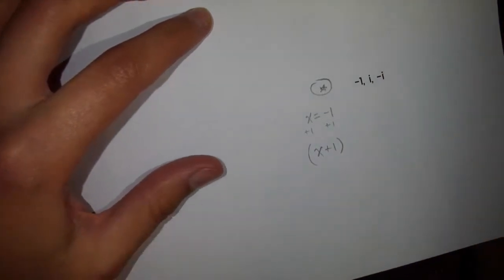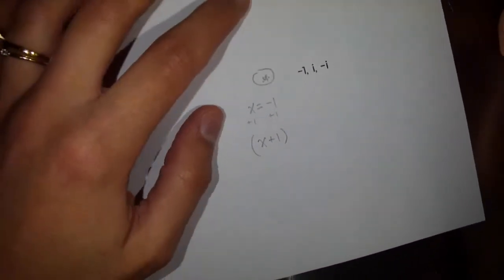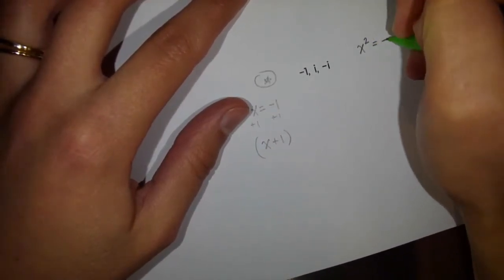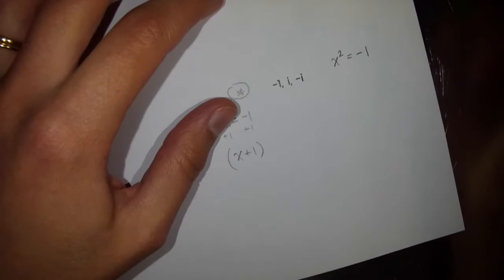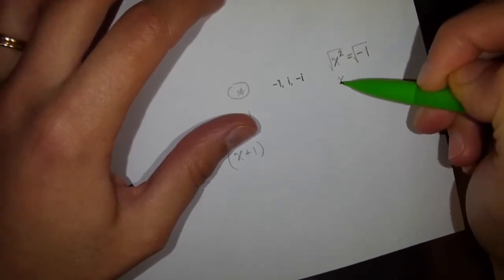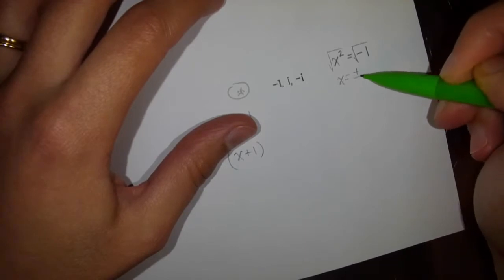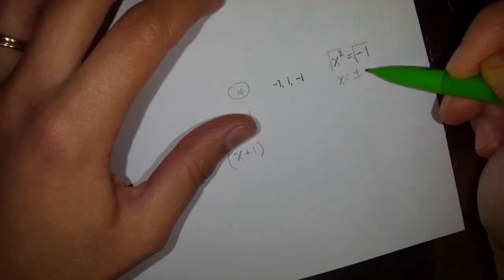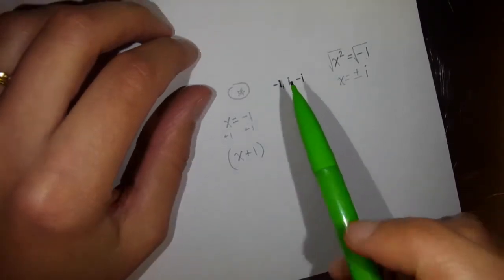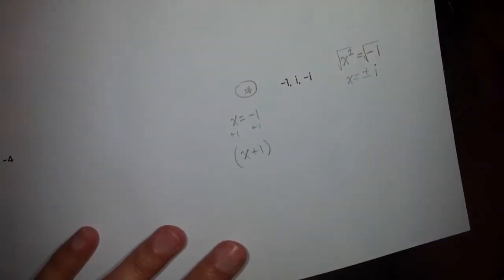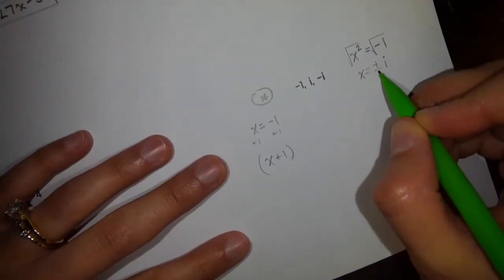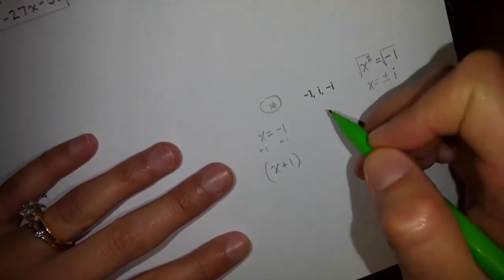How about this i? If you think about it, when we have x squared equal to a negative number and we solve with the square root, we would have x equals plus or minus, and the square root of -1 is i. So saying positive i and negative i, this would really only be one step. We have x equals positive or negative i.